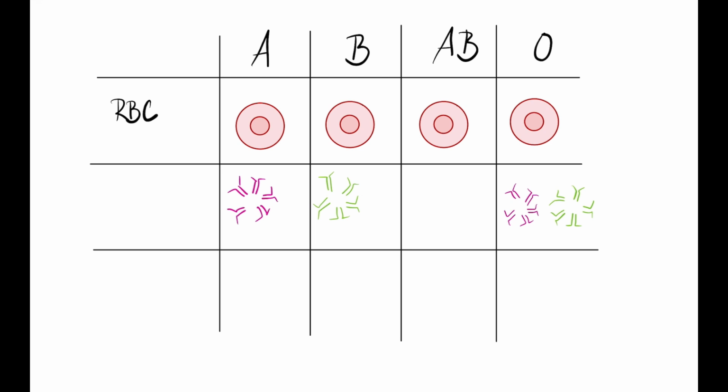So let's start with some basic information. Here we've got this important table where there are blood groups presented of the ABO system. So this is the ABO system. And yes, our first group is blood type A. So here we've got the red blood cells.